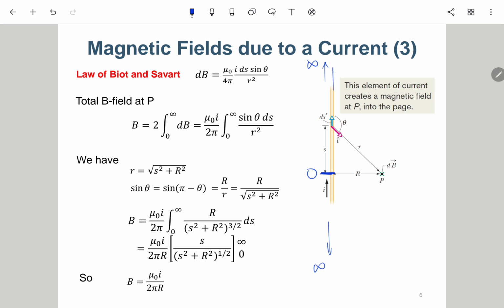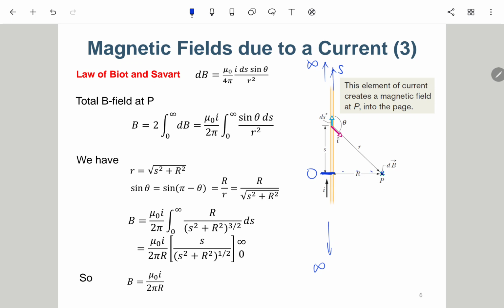This is the s-axis. For this point, this is ds or I ds, and this direction will be the r. Because this line is infinitely long, we can always consider this point P to be aligned to the 0 point.